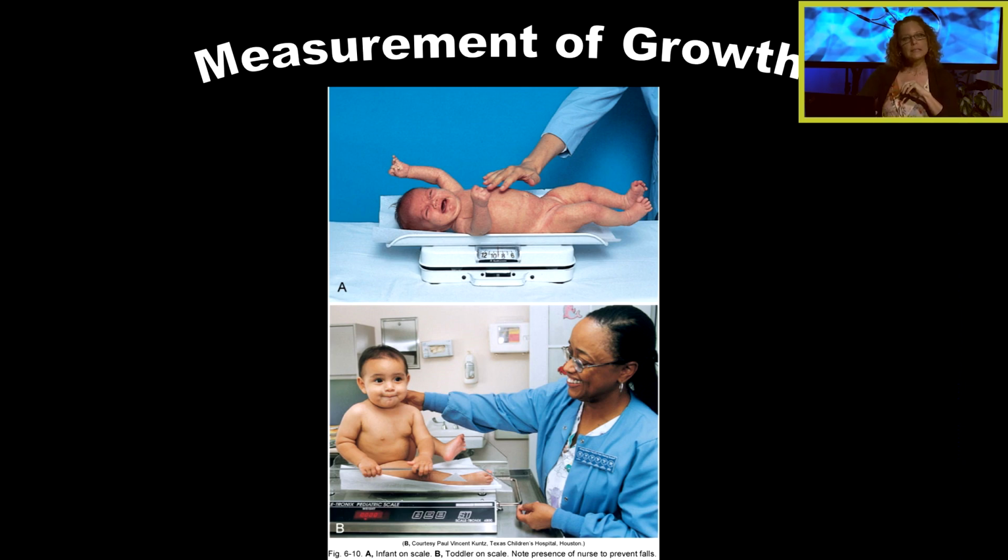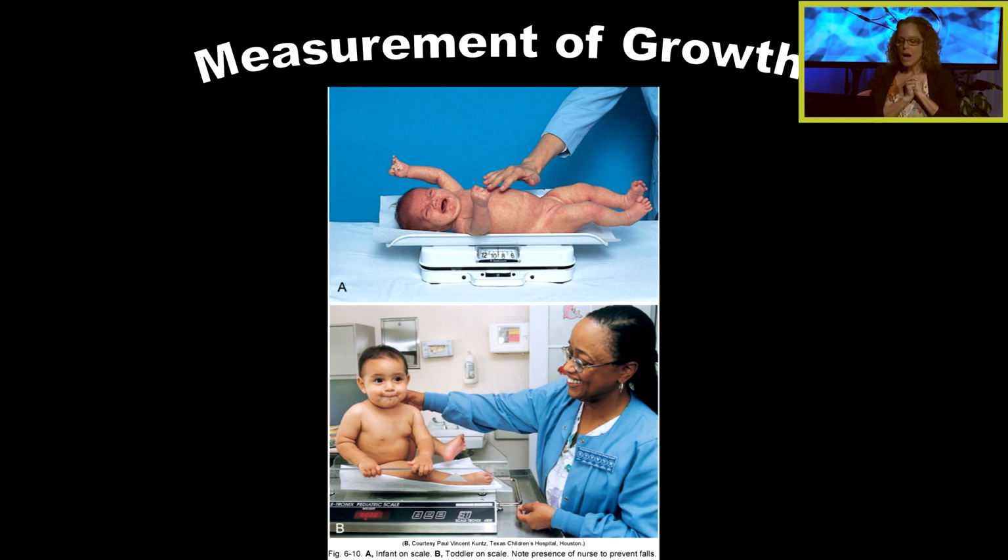Now the nurse isn't interfering with the measurement of that weight because she's not touching the baby, although she has that hand there guarding the baby just in case that baby were to try and roll over and roll off of that scale. So I want you to keep that in mind as the nurse anytime you're handling these children, babies, infants. They are a very important little beautiful package of loveliness, and we want to be very protective of them.